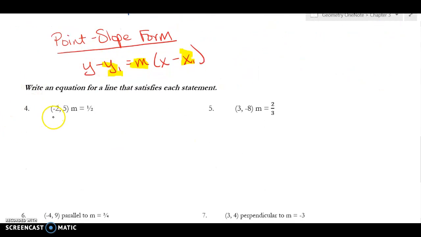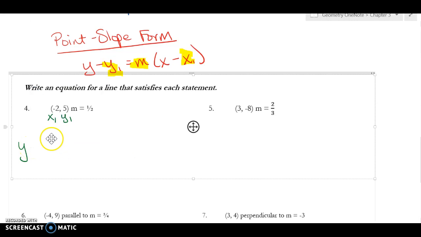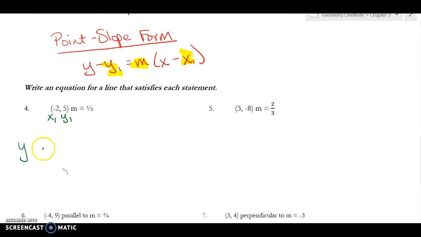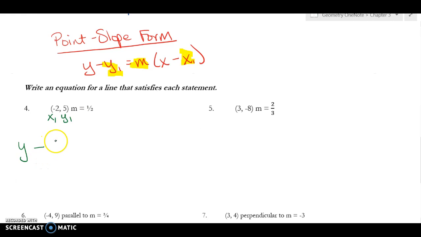All right, so my 2, negative 2, that's x1, and my 5 is y1. So I'm looking at my equation, and it says y minus y1, so 5. Okay, let's get my mouse back. So it's y minus 5 equals my m, 1/2, x minus x1, which is negative 2.